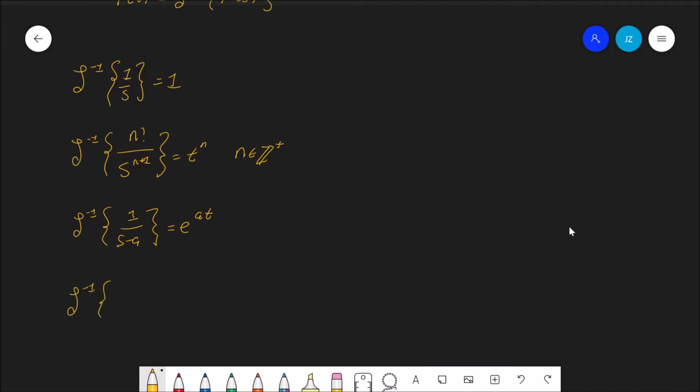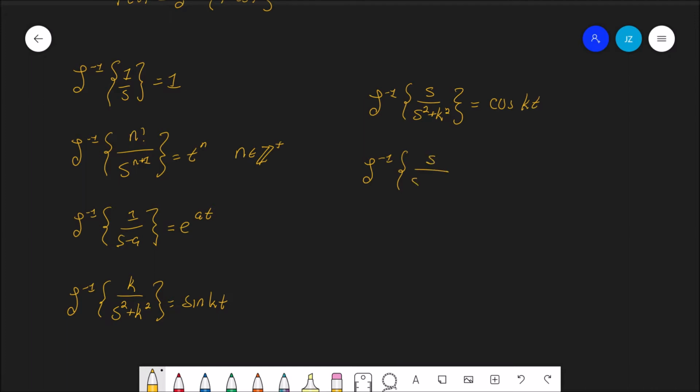The inverse transform of k over s squared plus k squared is sine of kt. The inverse transform of s over s squared plus k squared is cosine of kt. The inverse transform of k over s squared minus k squared is the hyperbolic sine of kt.